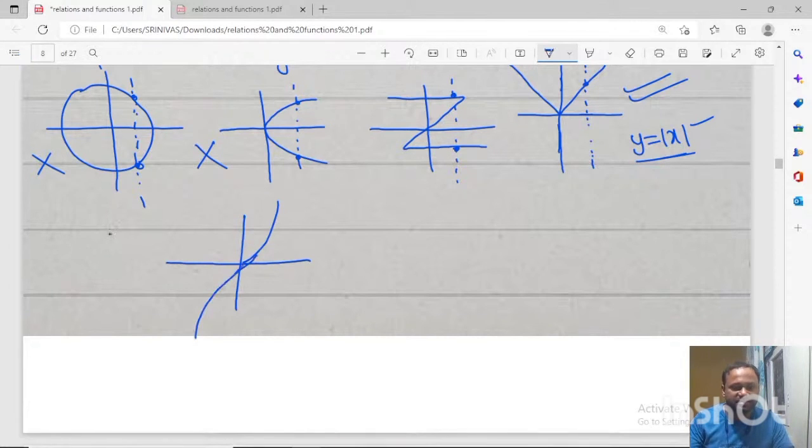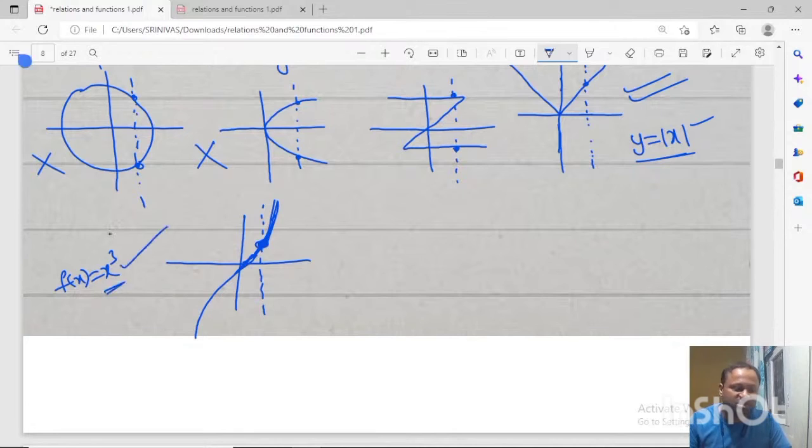So here, this is the graph, and we can write this graph as f of x is equal to x cube. Okay. This graph is also a function because if I draw a perpendicular line, here I got a point of intersection and the intersection is only one point.